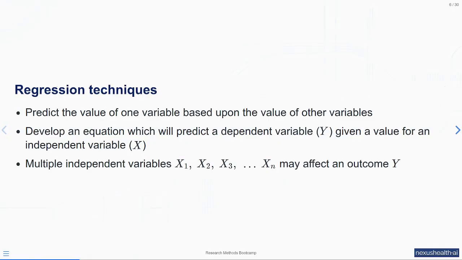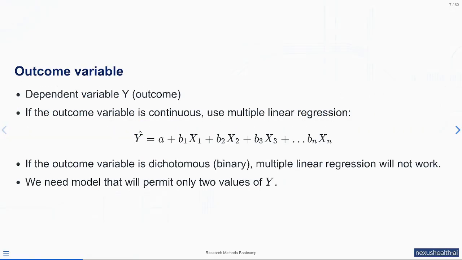So we're developing an equation that predicts the value of a dependent variable for any given value of the independent variable x, and of course we can include multiple independent variables in that equation. So the outcome variable is y. If it happens to be continuous, then we use multiple linear regression.